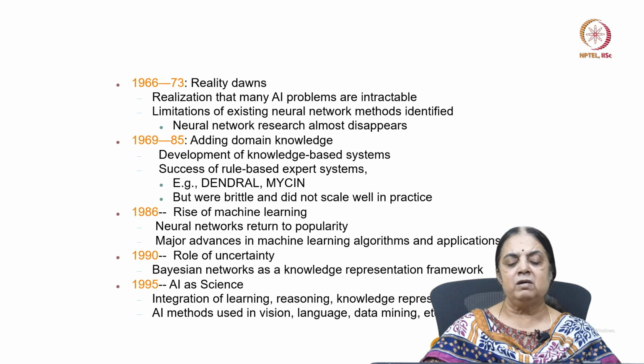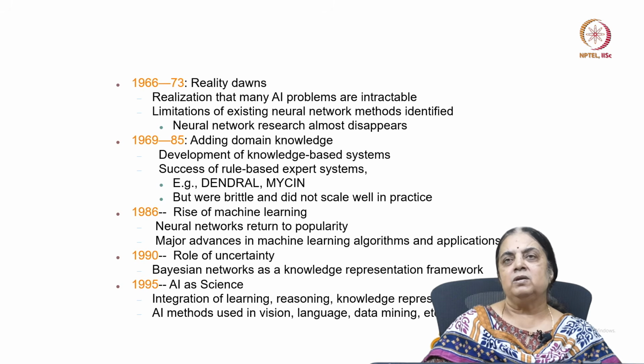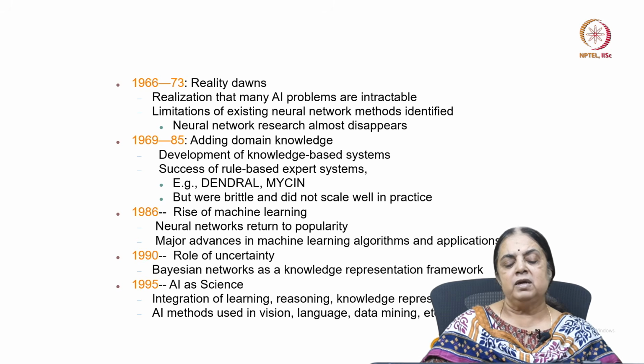For example, you have a system where you enter all the rules, okay, for say diagnosing some disease, and you give the symptoms of the patient to that, and it should be able to tell you whether the patient has that disease or not. Okay, so it was used for diagnosis, medical diagnosis.